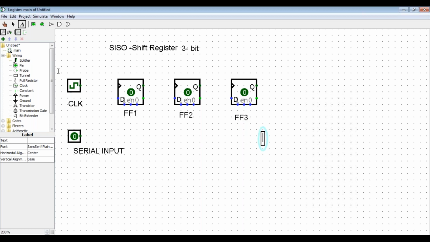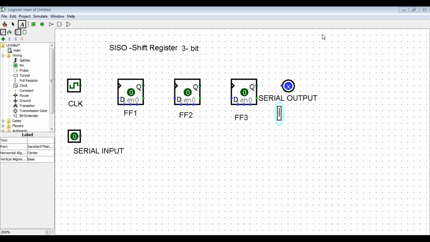I need one output terminal because this is serial in, serial out. So I'm labeling it: this is my serial output.